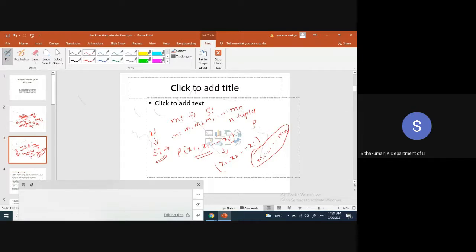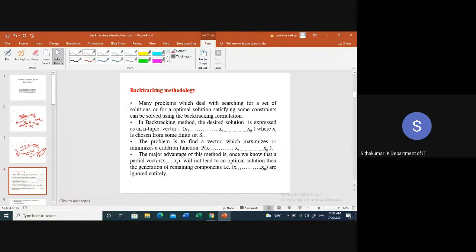Explicit constraints are the rules that restrict each xi to be taken only from the given finite set Si. So Si, the finite set, can consist of all the values which are greater than 0, that is, all non-negative real numbers.